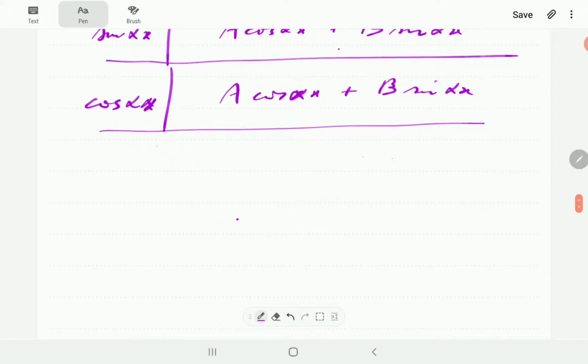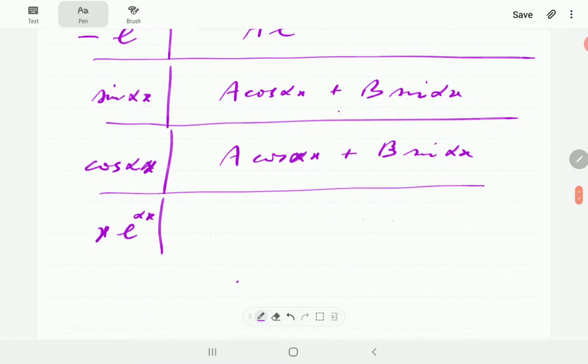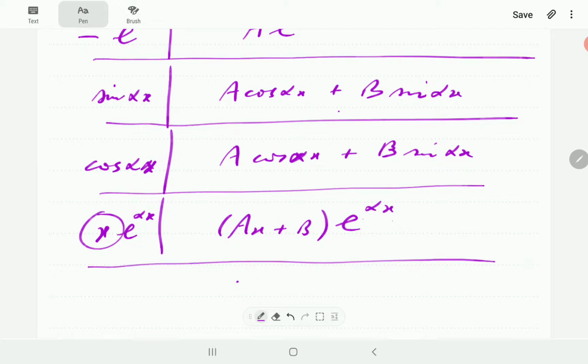Then lastly, if we have something like xe to the alpha x, then this is a product of these two. So what we do is we get the most general polynomial of degree 1 here, then we multiply it by e to the alpha x.